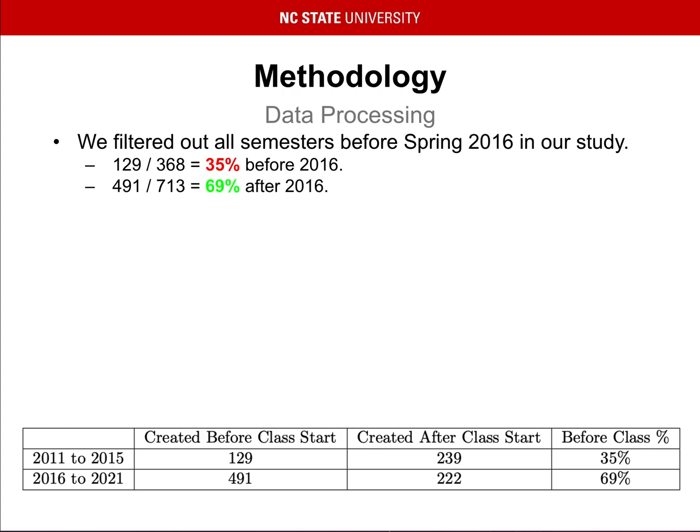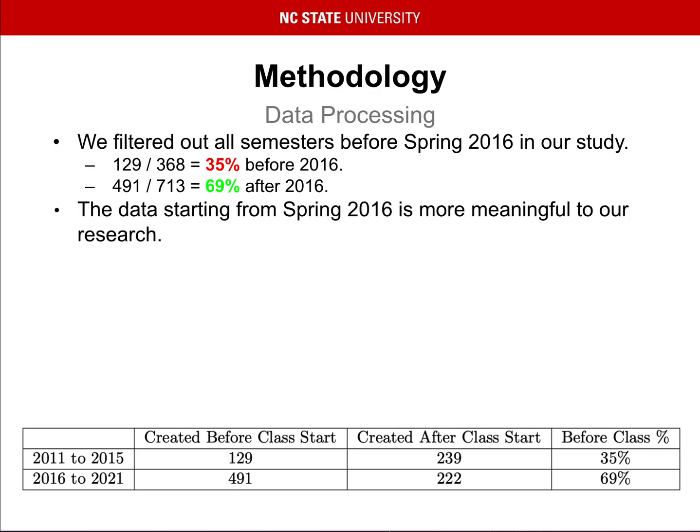For semesters after and including spring 2016, we have 69% of students who had their GitHub account created before they took the class, which is almost double the percentage before 2016. As shown in the table, the data starting from spring 2016 is more meaningful to our research.